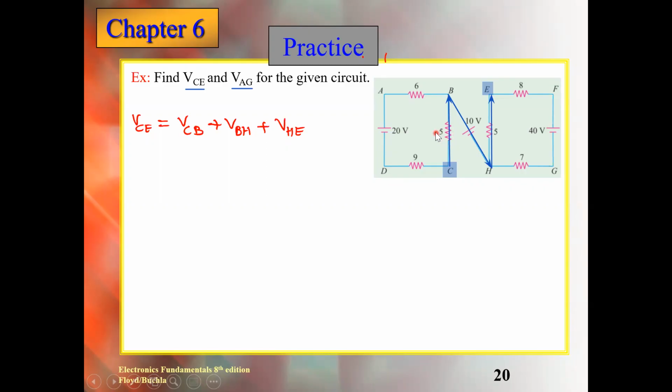V equals IR. You should say Ohm's law. Why are people struggling with that? It's easy. V is equal to IR. R you know, I you don't. So you need to calculate the I first.